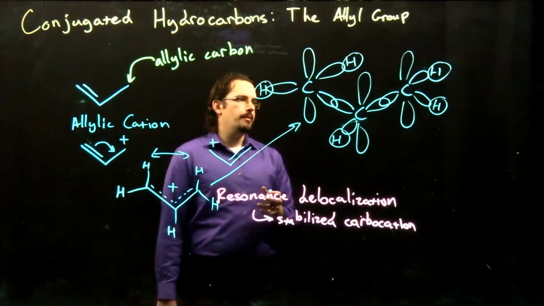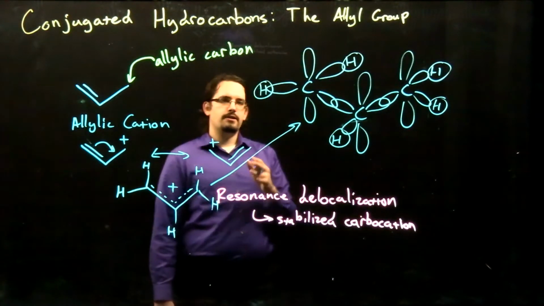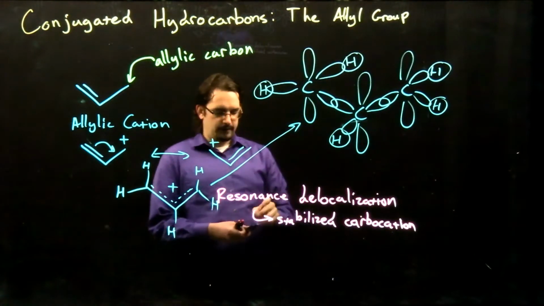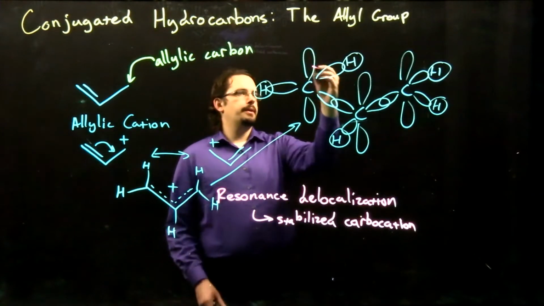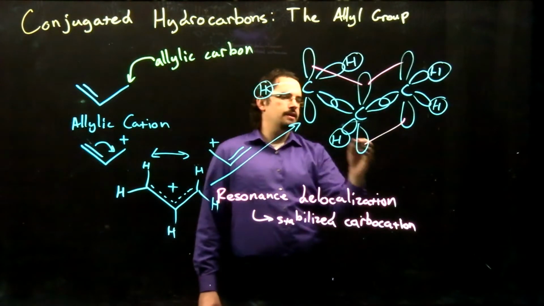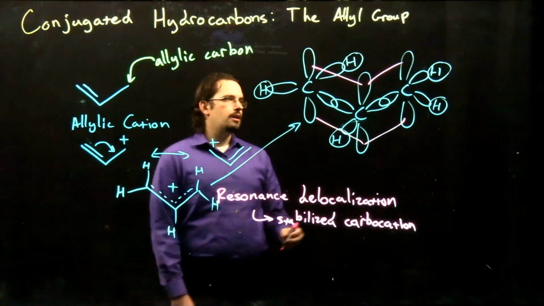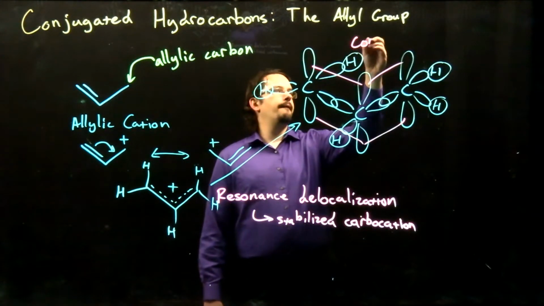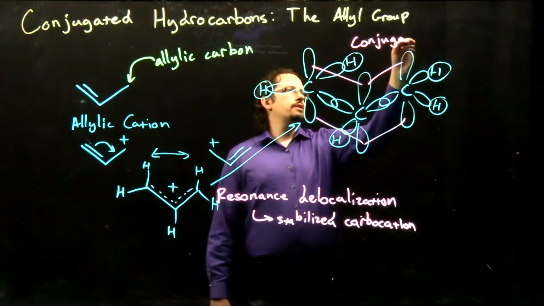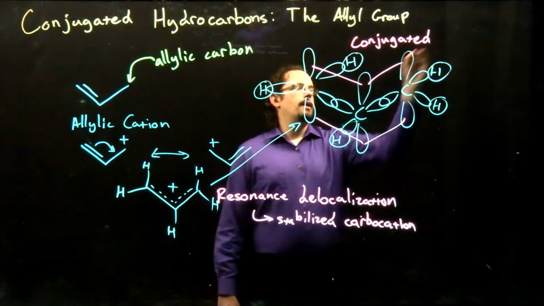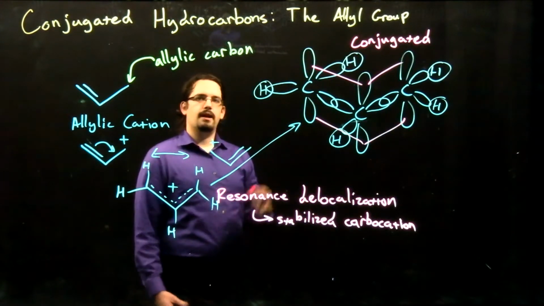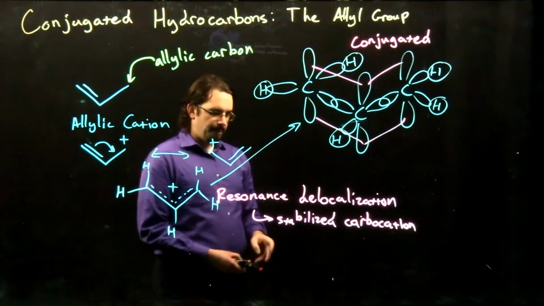They all have these p orbitals. They can all sit next to each other, and these p orbitals can overlap. So we can get some overlap between each of these p orbitals, and so we refer to this as a conjugated system. So that conjugation refers to the fact that we have overlap between p orbitals on each of these carbons.